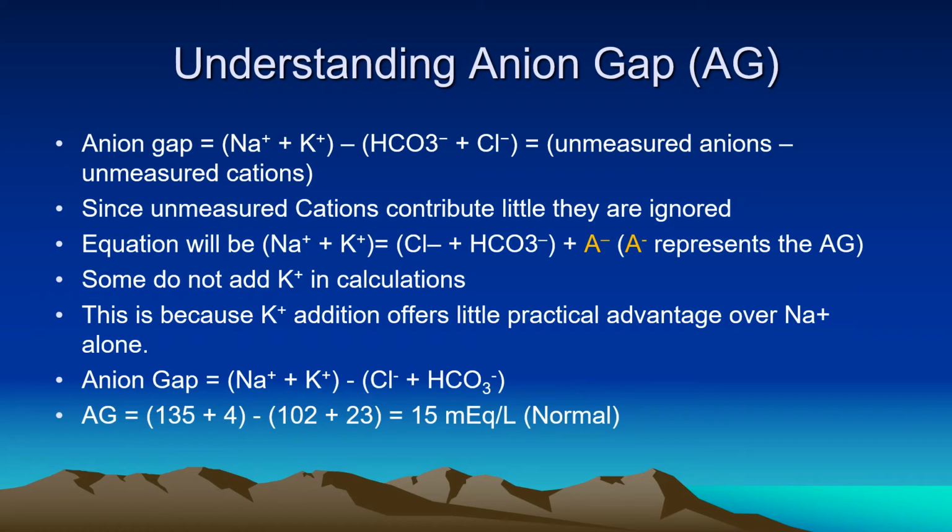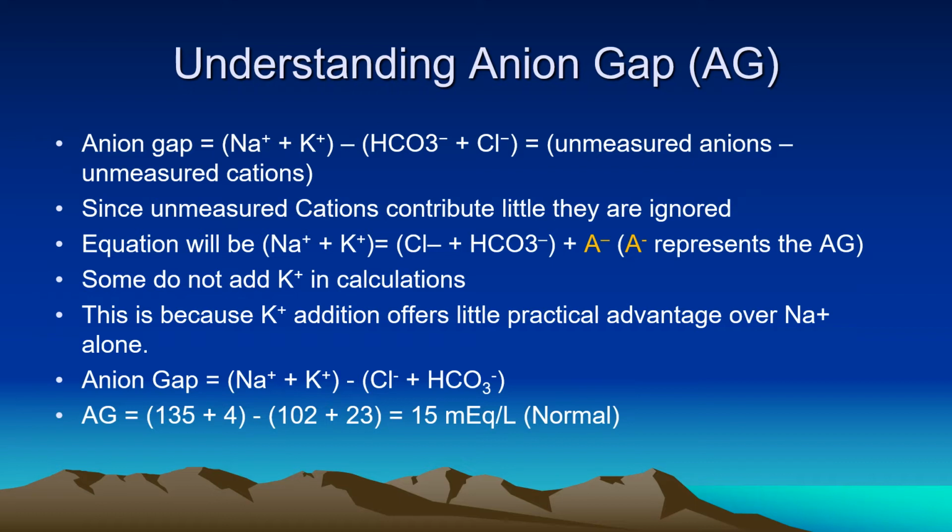Now, let us understand the anion gap. Anion gap is the sum total of sodium and potassium minus the sum total of bicarbonate and chloride. That is equivalent to unmeasured anions minus unmeasured cations.